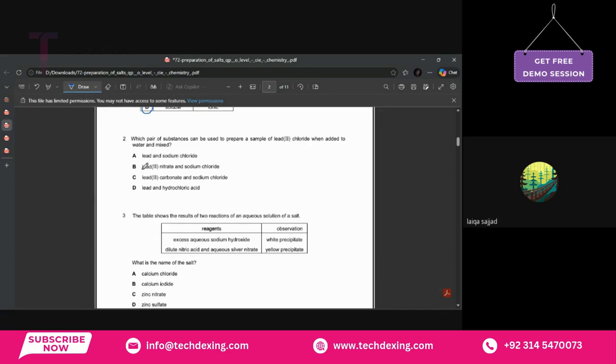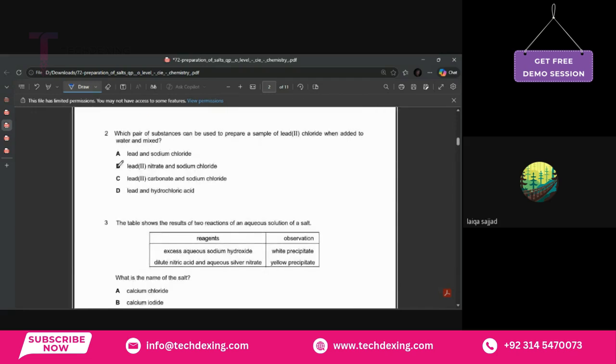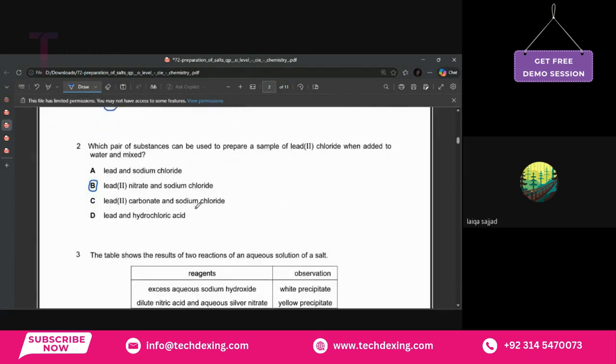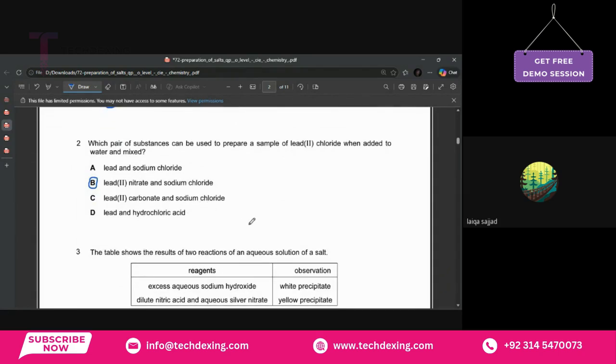Why not option A? Lead and sodium chloride. Because the lead metal does not react with sodium chloride solution. Very good, excellent. And why not C? Lead carbonate and sodium chloride.